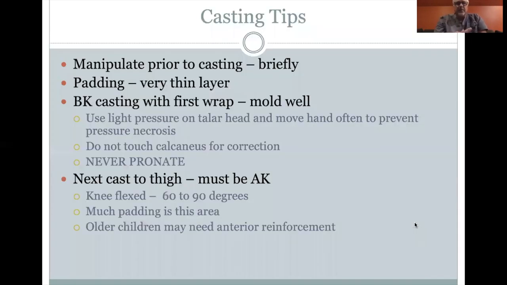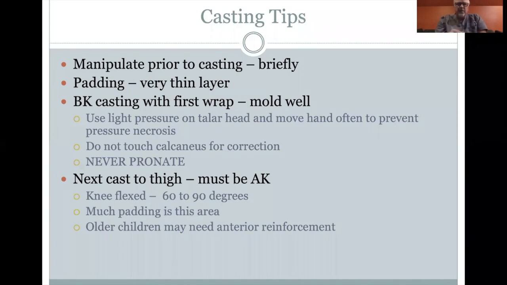Some casting tips: you want to manipulate prior to casting for just a few minutes briefly, just to loosen the tissue up. Use a very thin layer of padding, like I said, for below the knee casting with the first wrap. You want to make sure you mold things very well. As you're pressing on the talar head, you want to go on it and off it, on it and off it.